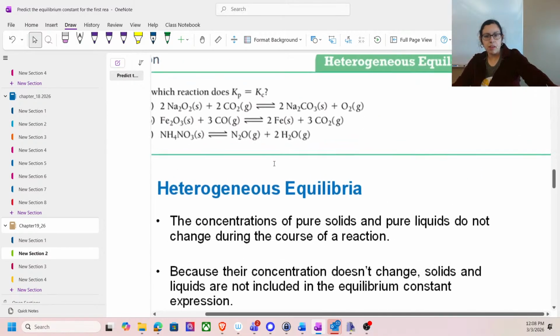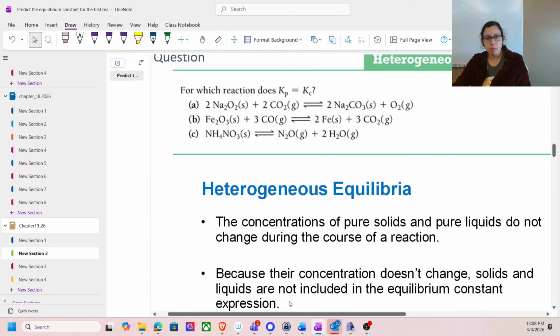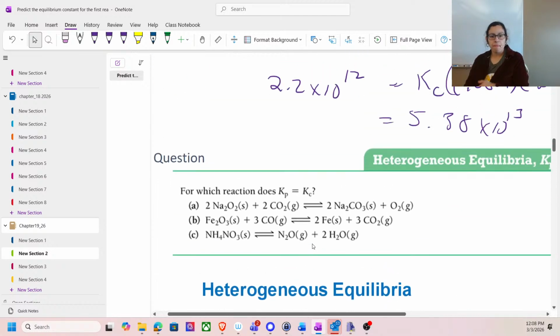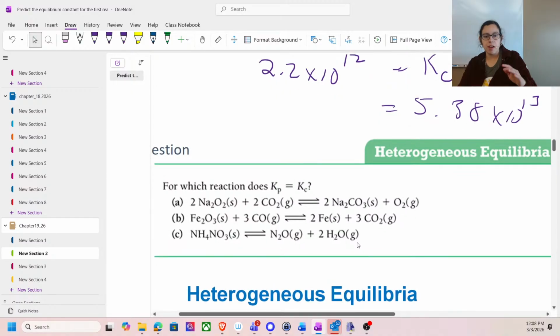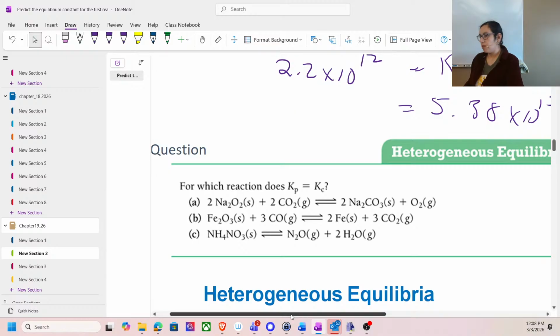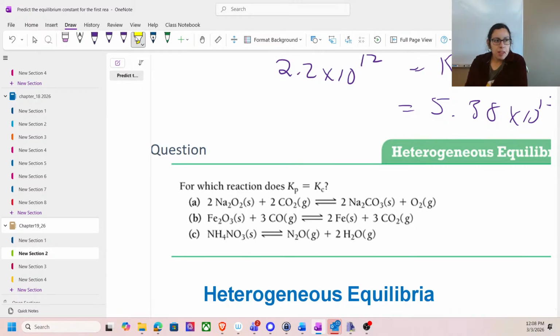So let's look at these practice problems. Again, you're trying to figure out your change in gaseous moles, or if there is a change or not. So where would Kp equal Kc? Where is there no change in the number of gaseous moles from reactants to products? Take a few minutes, go through these, and then we'll run through them together.